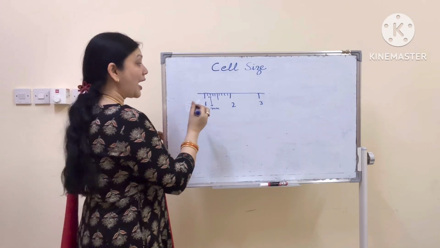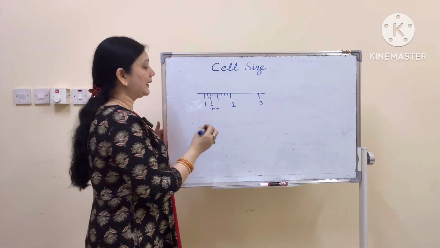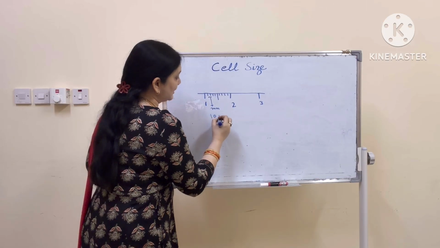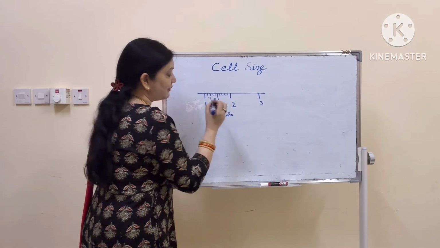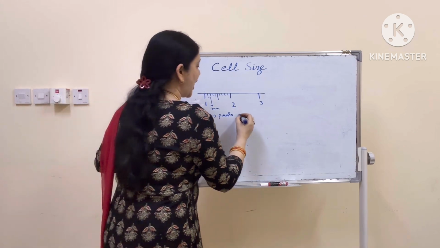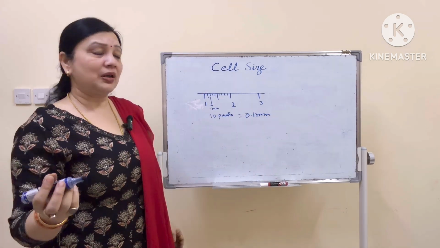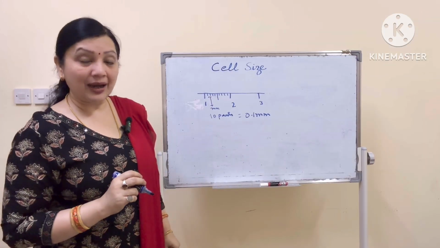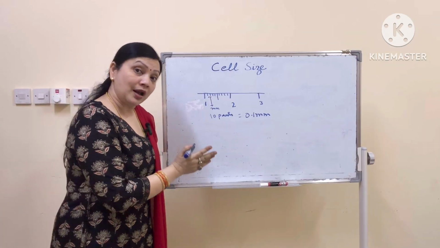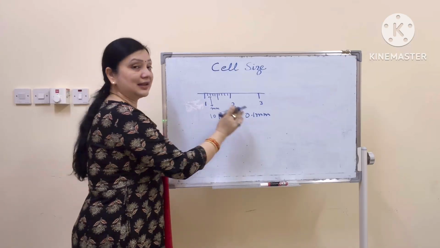Now try and divide this small distance into 10 parts and then pick just one. That will be 0.1 millimeter. Usually the cells are of this shape. They are even smaller than this, but many cells are of this size also.